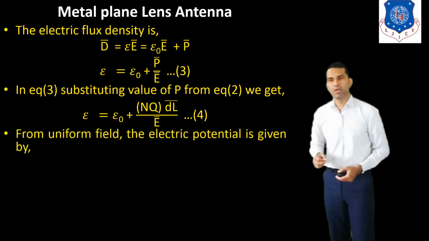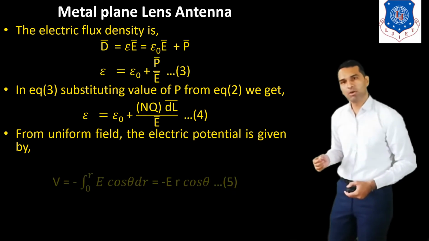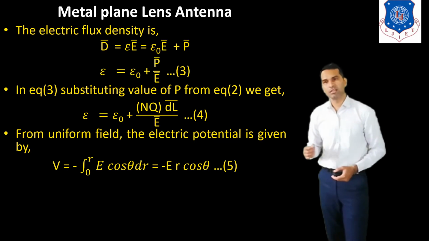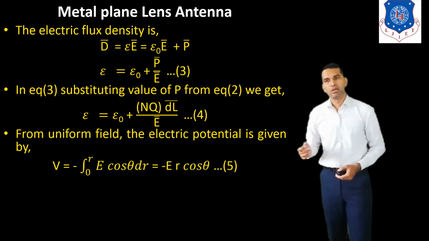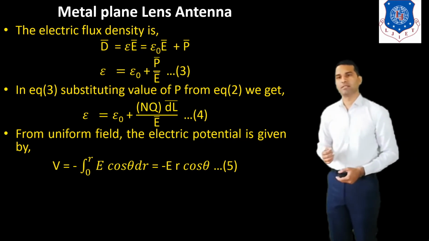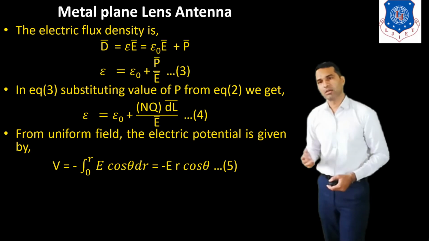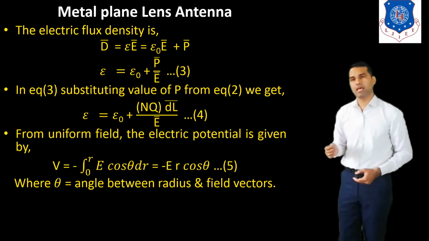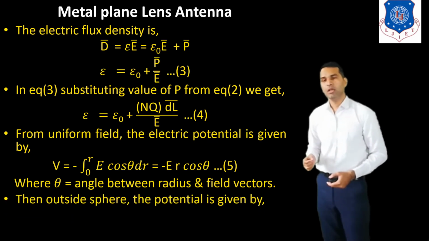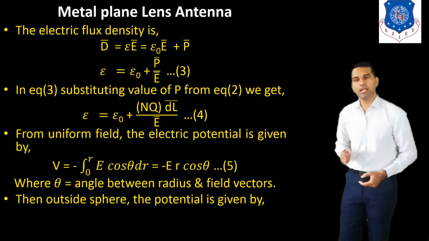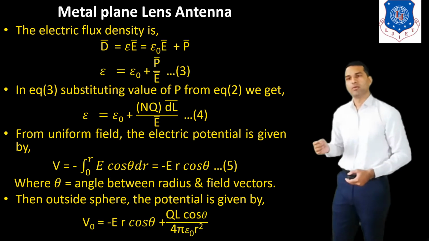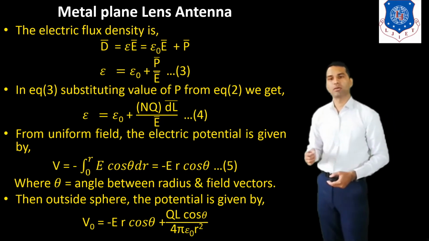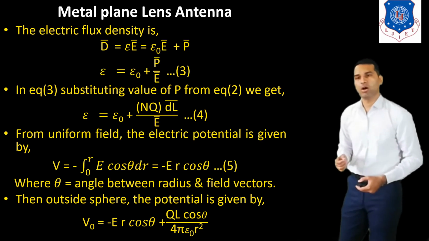Now for a uniform field, the electric potential is given by V equals integration 0 to R of E cos theta dr. We can simply write this as minus E R cos theta when we solve this term, where theta is the angle between the radius and the field vector. Then outside the sphere, the potential is given by V0 equals minus E R cos theta plus q l cos theta upon 4 pi epsilon 0 R square.